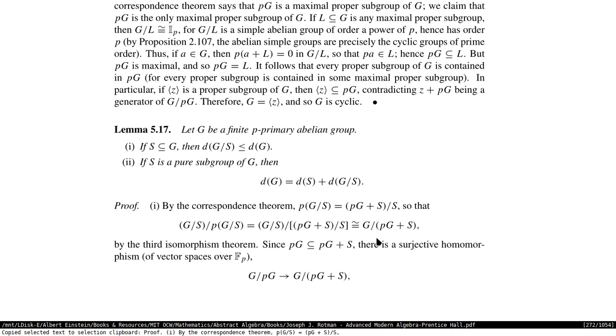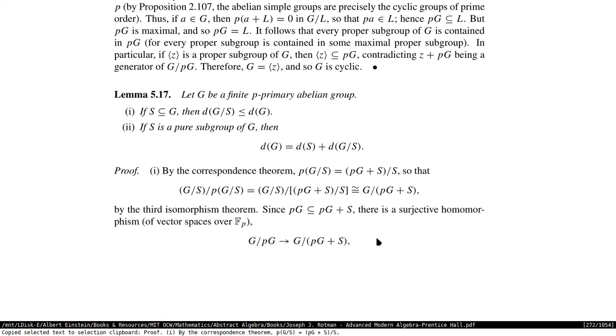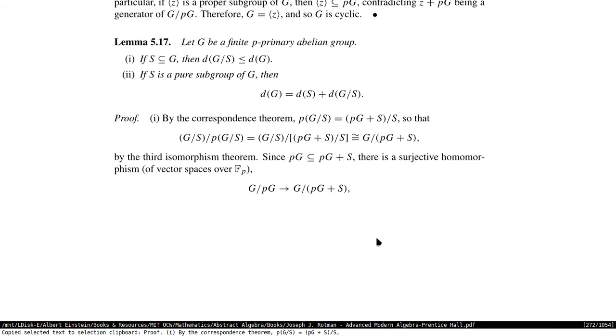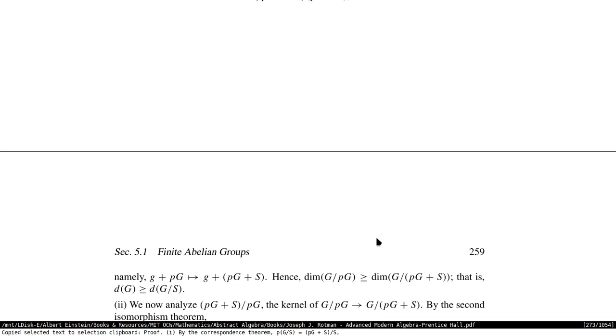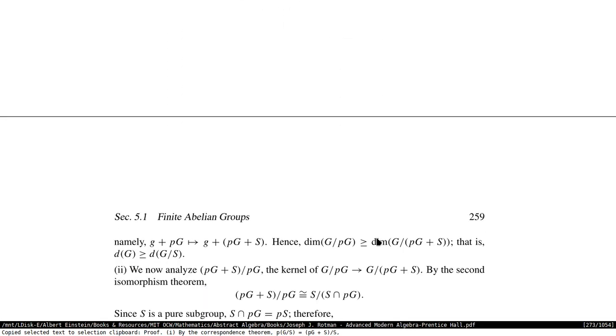The next one, part 2, which uses the second isomorphism theorem, I kind of just matched it up side by side with the statement of the second isomorphism theorem without really trying to understand it very well. Okay.